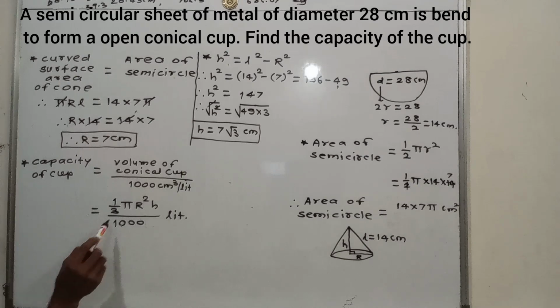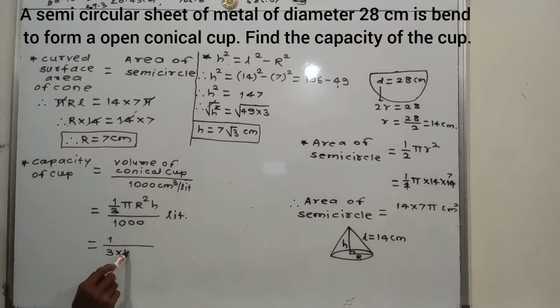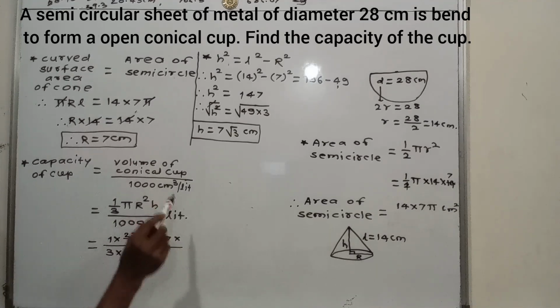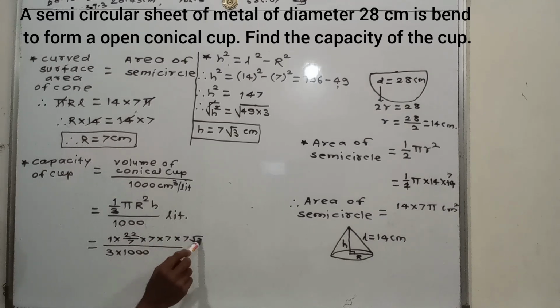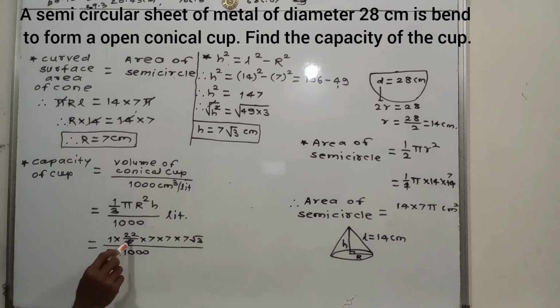Here directly we write liter, because the volume is in centimeter cube and this is also centimeter cube, so that is cancelled and this denominator liter goes to the numerator. Therefore we put values. See here 1 upon 3 into 1000. Pi is equal to 22 upon 7, R square is 7 into 7, and h is 7 root 3. Now here 7, 7 cancel.